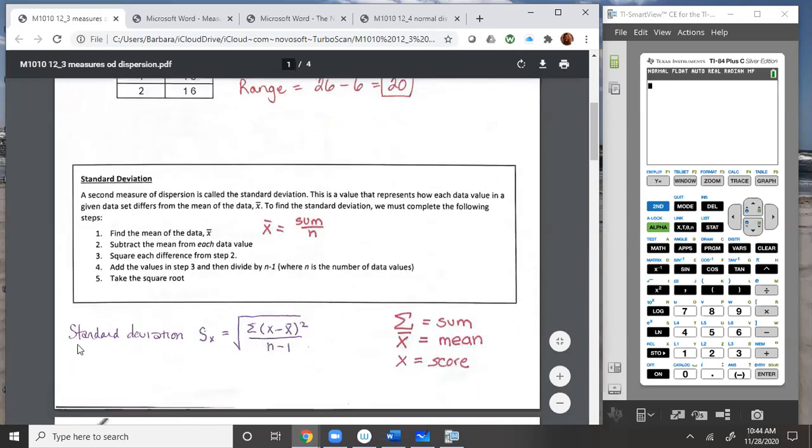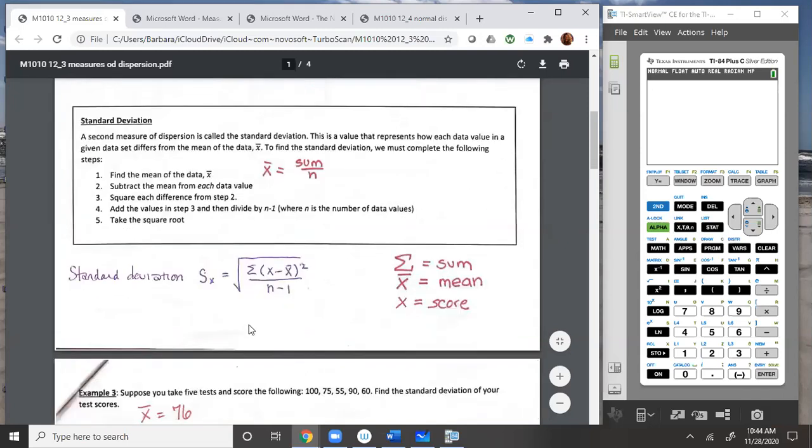So the formula here, it's nice to just write the formula down because this helps you keep track of what we're doing. The standard deviation of a sample is equal to the square root of the sum of all the x minus x bar, quantity squared, divided by n minus 1. So you take the square root of everything inside.